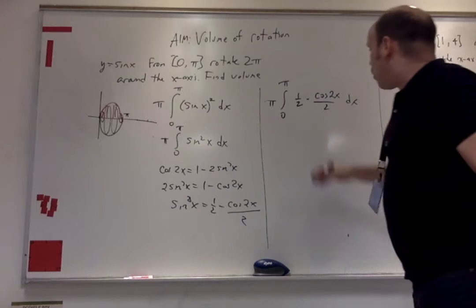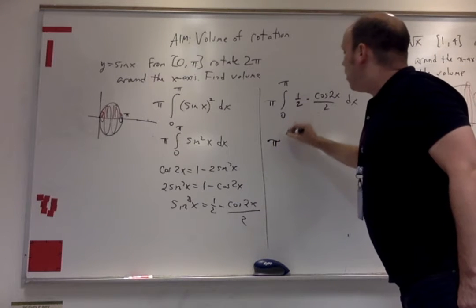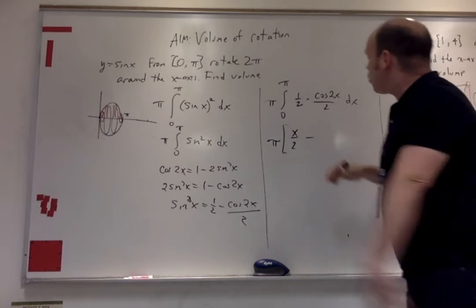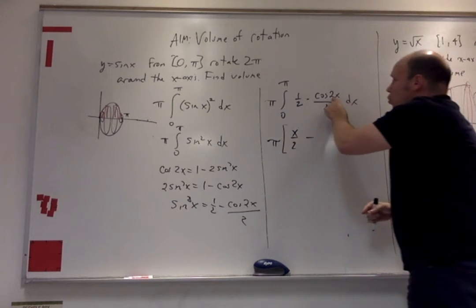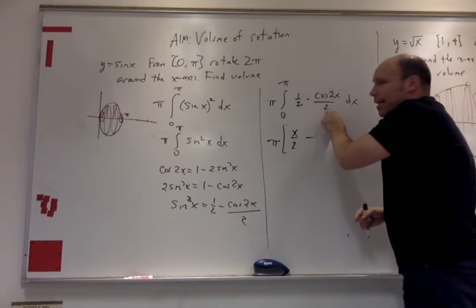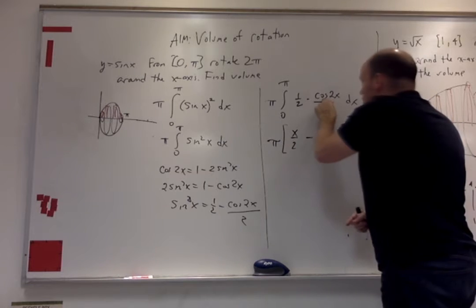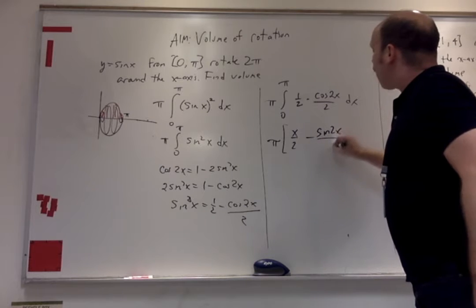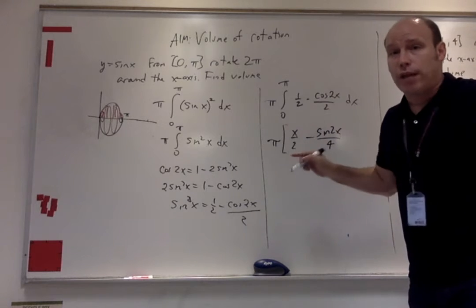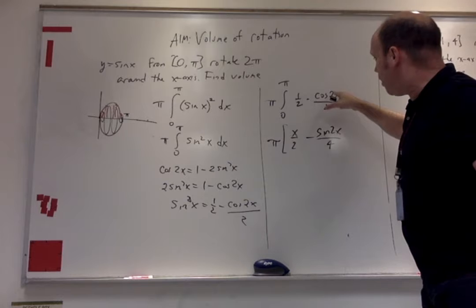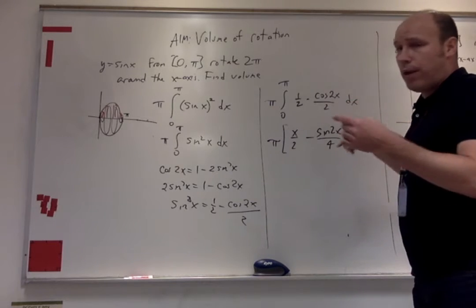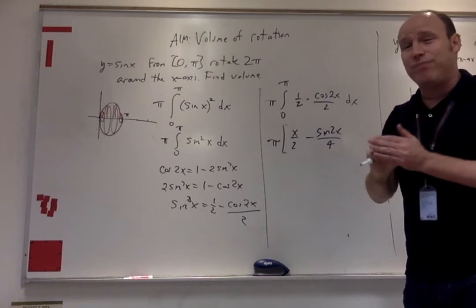And we're ready to integrate. Pi, x over 2 minus, we know that we're going to be substituting the 2x, and that 2 is going to end up in the denominator, and the integral of cosine is sine. So it's sine 2x over 4. Try it on your own. Once again, remember, make a u substitution. du over 2 equals dx, so that 2 ends up down there, and then we know the integral of cosine is sine.